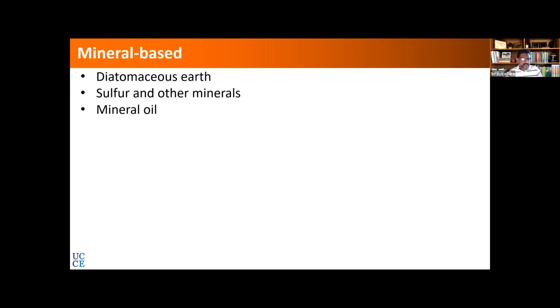Then mineral-based, diatomaceous earth. It is basically a powder of fossilized diatoms. These are microorganisms, and what they have is silicate. Then we have sulfur and other minerals, either used as fungicides or acaricides, or as a soil amendment, or for other purposes.